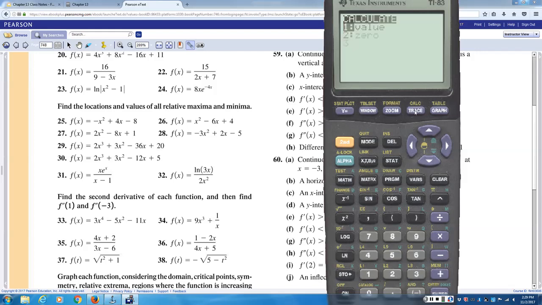So if we go to trace, tell it we want to find the zero. There it comes.